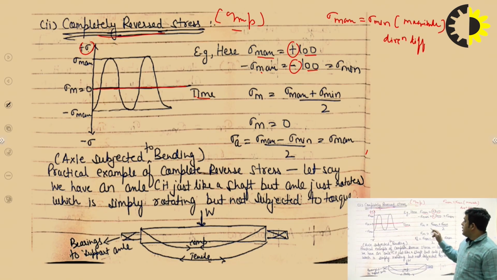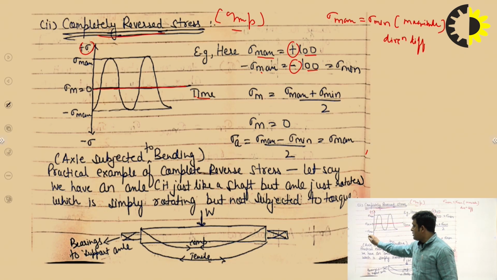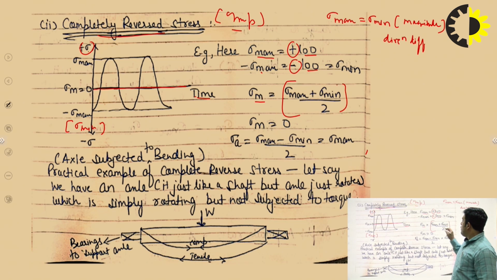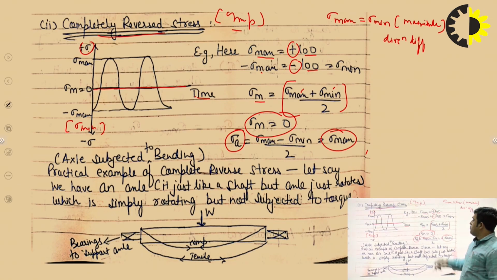Now, in this figure, I have shown sigma max and minus sigma max. Actually, this is sigma minimum. Sigma minimum means minus sigma max. Now, if I go further, I will write sigma mean. The formula is this. We know these two terms are equivalent but opposite in direction. That means sigma mean will always be equal to 0, and amplitude stress will always be equal to sigma max.